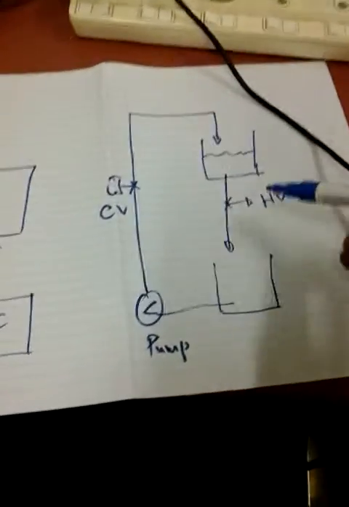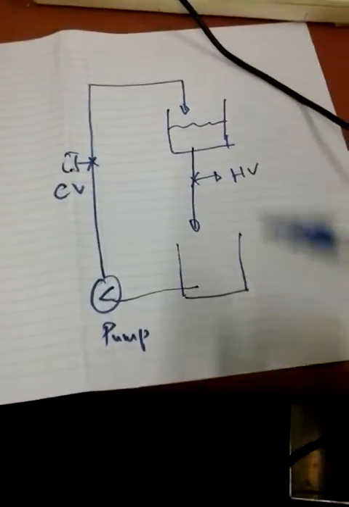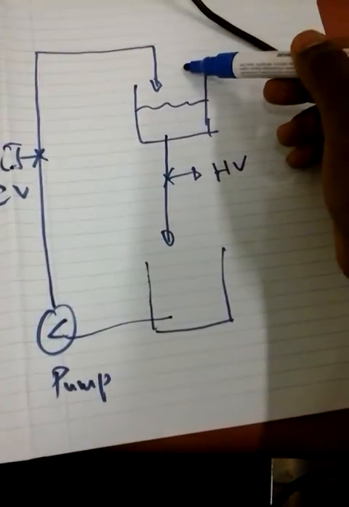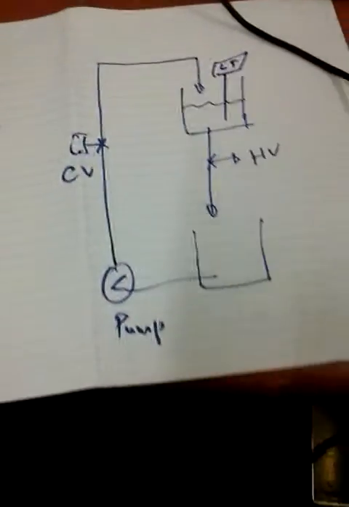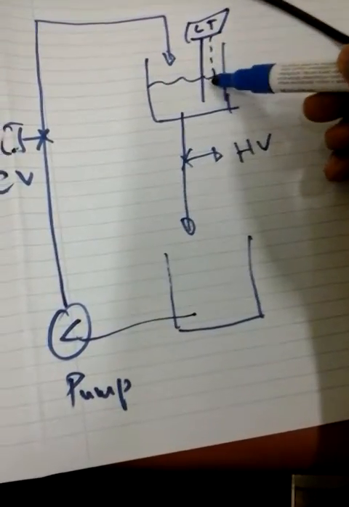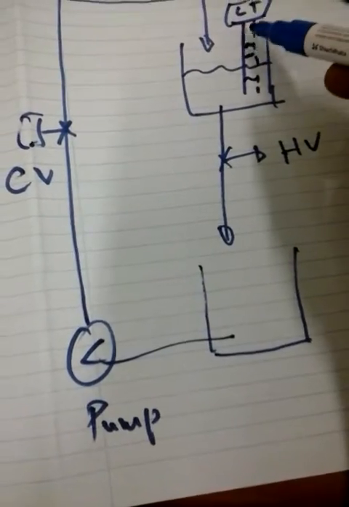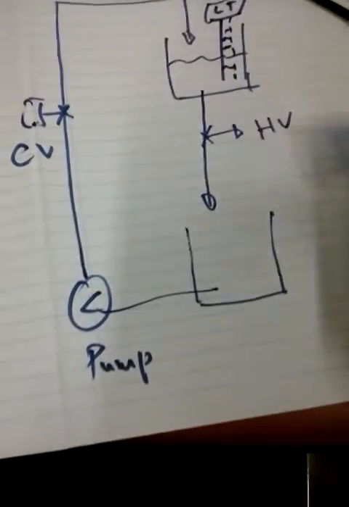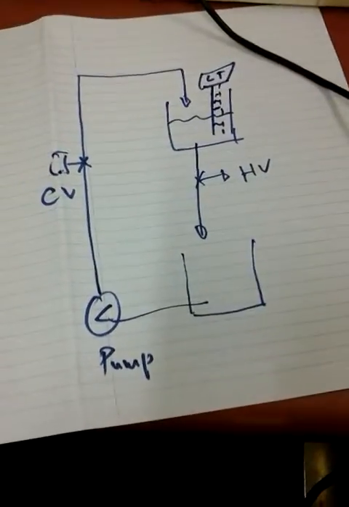So how does the controller know that the level is at a given point in the tank? As you saw, we had a level transmitter, which also had another plate because the tank is plastic. There's a capacitance there. So as the level increases, the capacitance changes and gives you an output signal which is voltage.